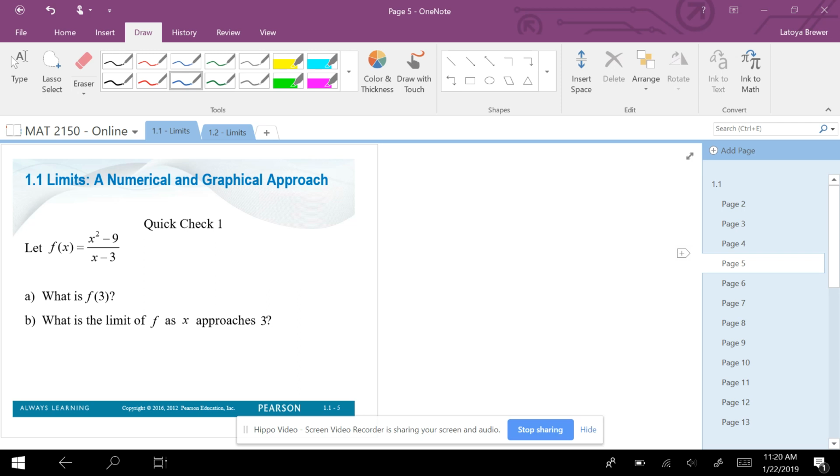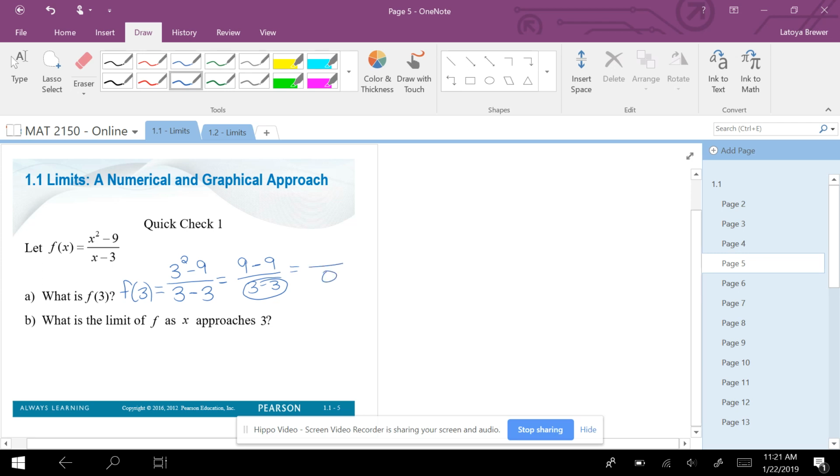We have reviewed this. I know that if I want to find f of 3, then what I do is I substitute 3 into that function. That would give me 3 squared minus 9 over 3 minus 3. Then what I have here is 9 minus 9 over 3 minus 3. And if you notice on the bottom, I would get a 0.